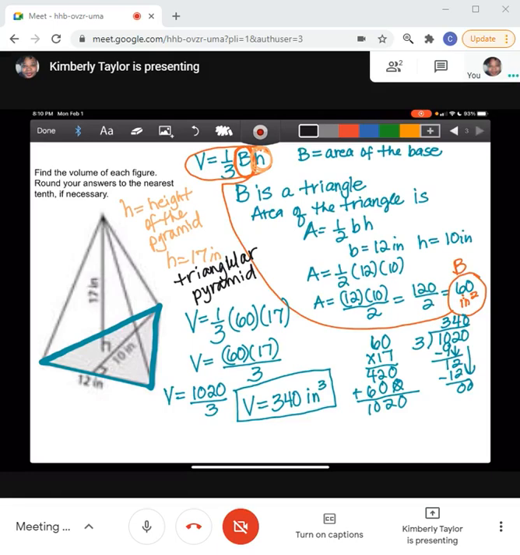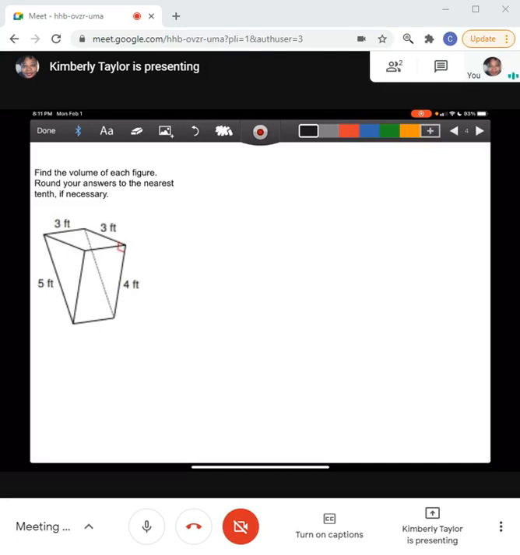So this one here, now we're switching shapes. This is going to be a prism, a triangular prism. How did I know it was a triangular prism? If it's a prism, that means either the front and the back picture are going to be the same, or the top and the bottom are going to be the same.